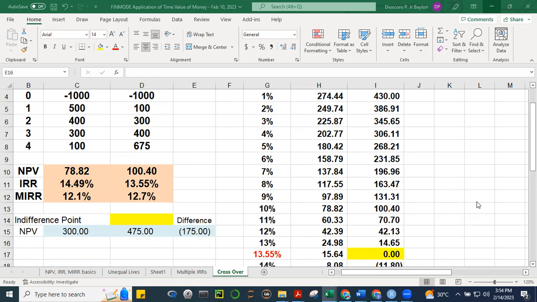Anyone, please? 175, sir. Bakit 175? Kailan magiging indifferent tayo to choosing project S or project L? Ang ibig sabihin ng indifferent, it doesn't matter whether you choose project S or project L. Okay lang kasi pareho lang naman yung NPV nila. So what should be the difference between the NPVs of L and S?